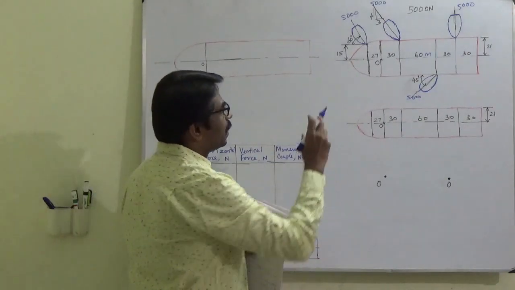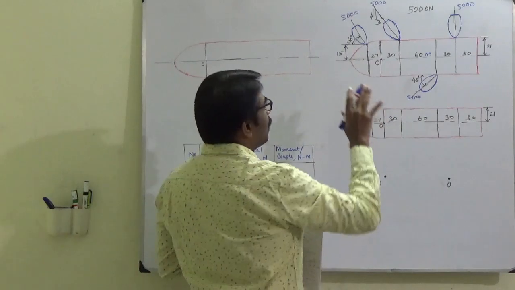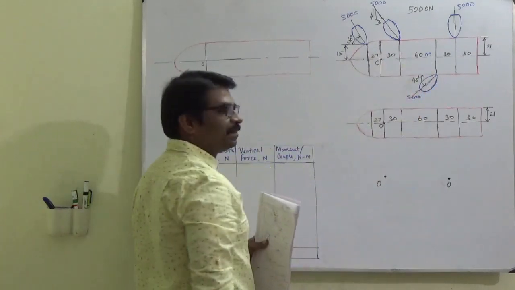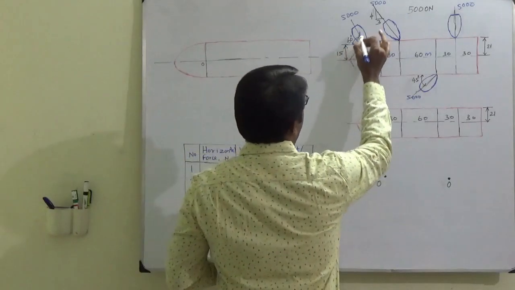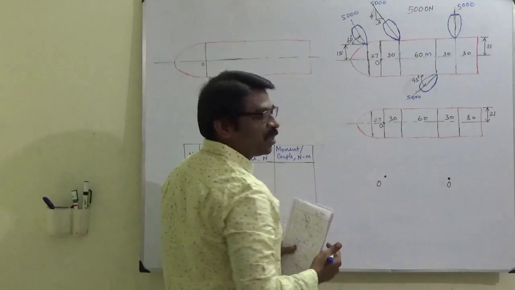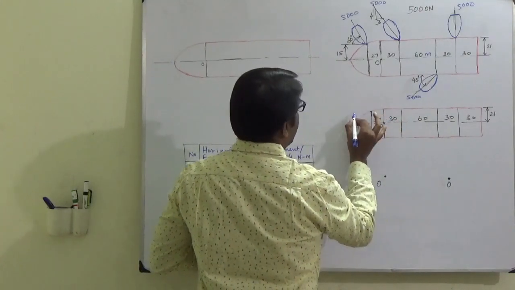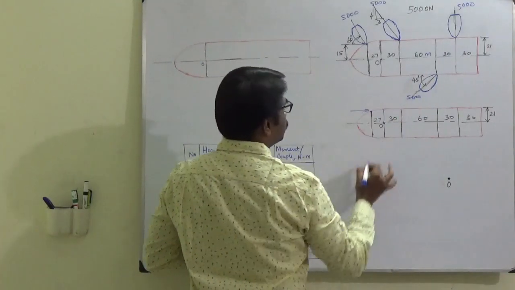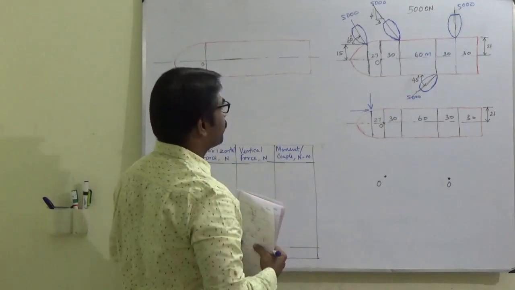Fine. Now, we know how to resolve these components, the force components. So, first I resolve this into horizontal and vertical component. So, this is the location and horizontal component and vertical component. Okay.